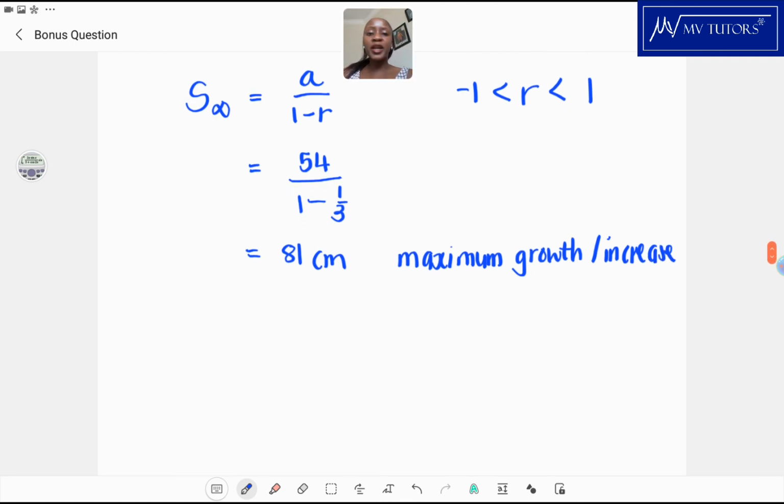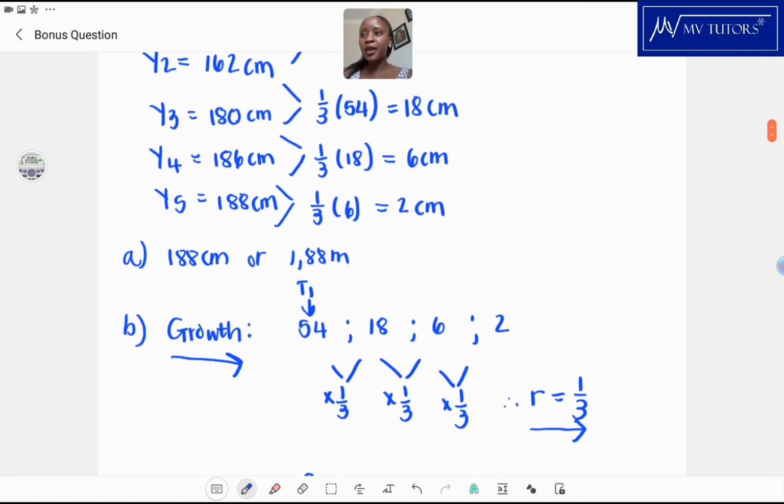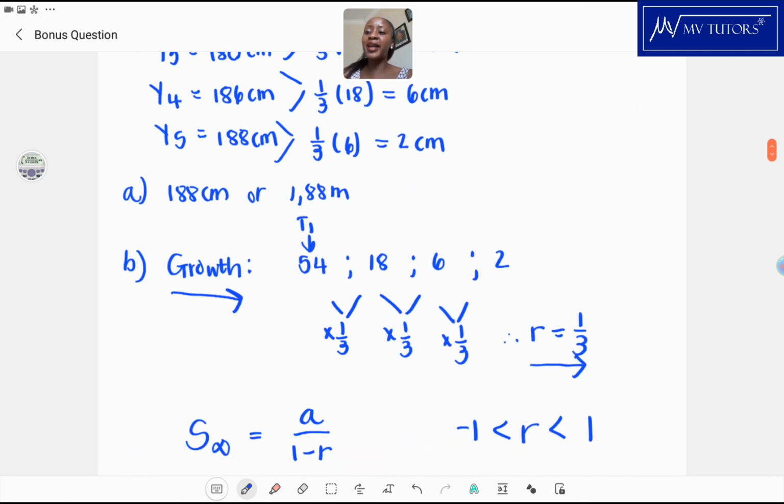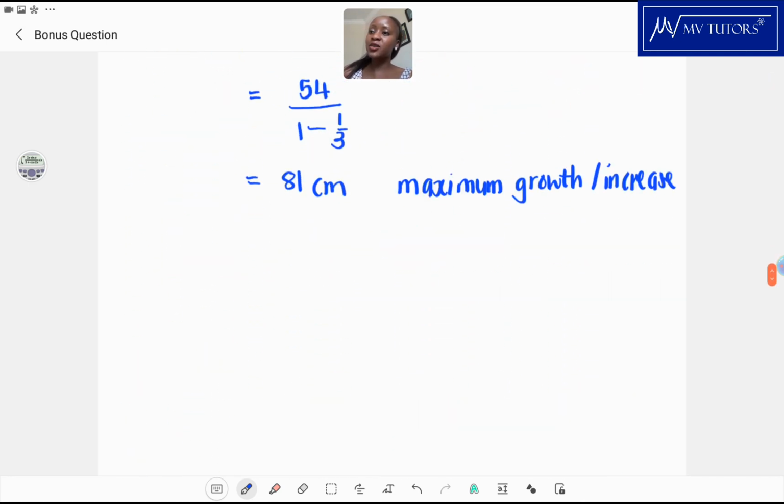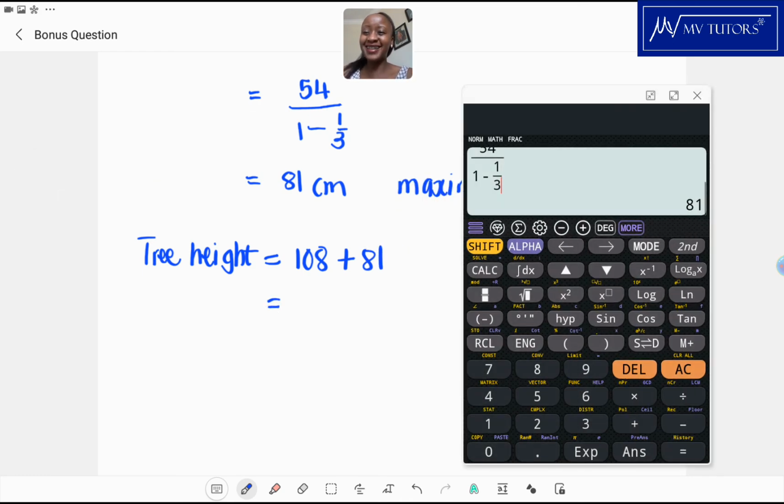Now, where did we start off? Initially, our tree height was 108 centimeters. So looking at the tree height, we started at 108 centimeters plus 81. This answer better be smaller than 200 centimeters, or else we're in trouble. We didn't prove anything.